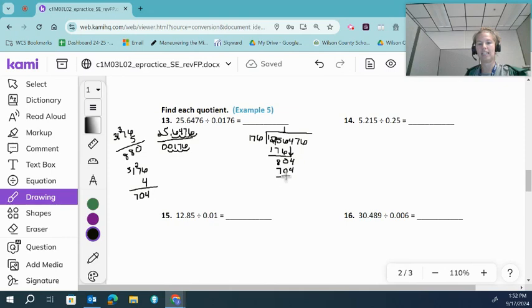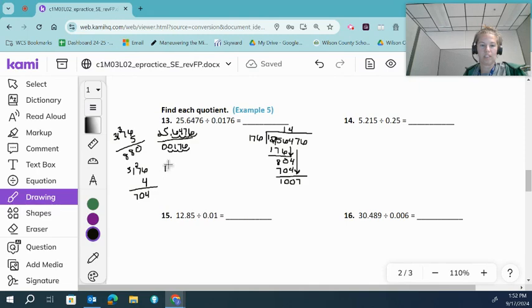I subtract and I get 100. Bring down my 7. Oh, I forgot to bring up my 4 here. I went in 4 times, and that's how I got that 704 there. Now I get 1007, so it needs to go in one more time.